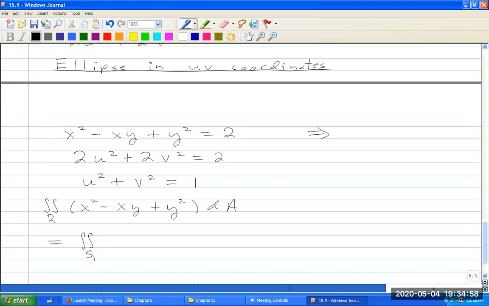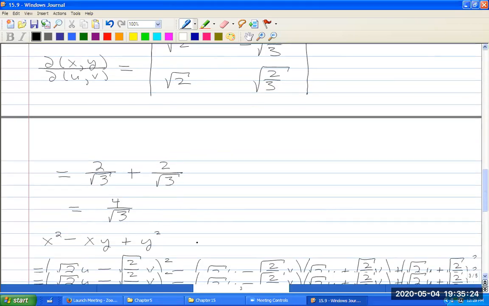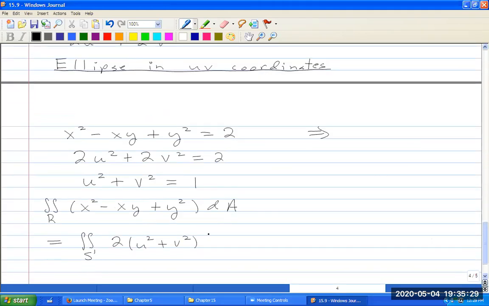The unit circle of, well, this, which is 2u squared plus 2v squared, times what we calculated for the Jacobian, which was 4 over rad 3, du dv.